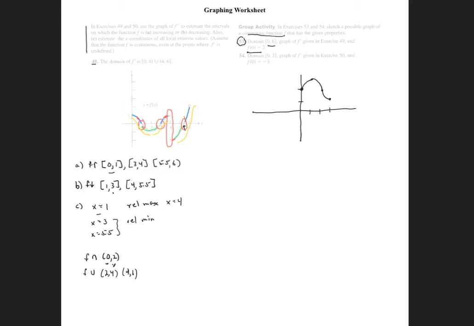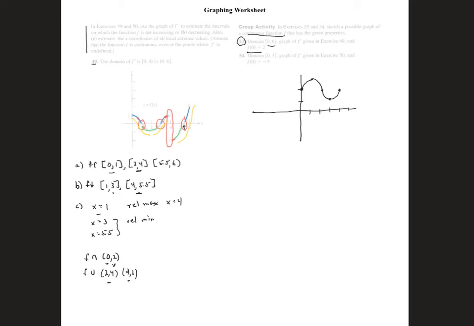Then from 3 to 4, it's going to increase again, and we're still concave up. So I'm going to go increasing concave up till we get to 4. And then once we get to 4, it's going to be decreasing, and it's going to be still concave up. And we're going to decrease until we get to 5.5.